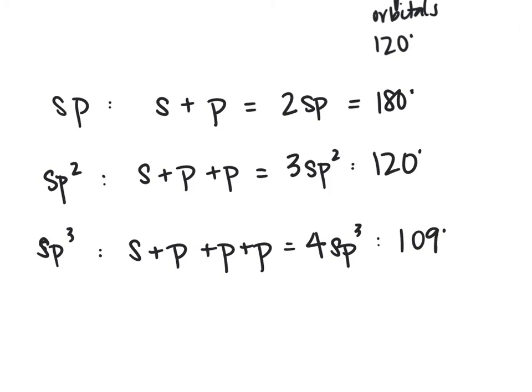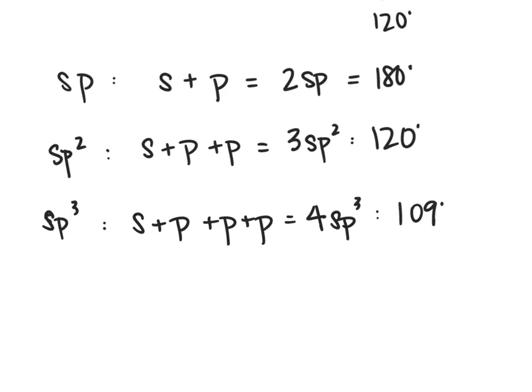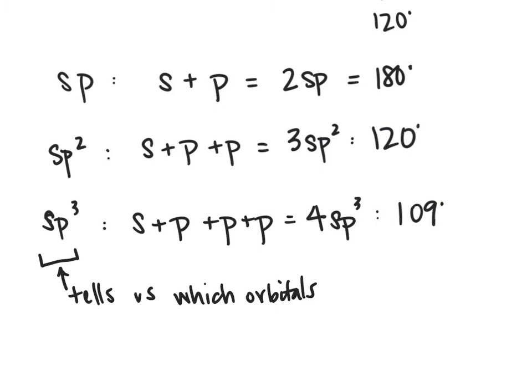So the way that we identify the hybrid orbitals, when we look at the names, this tells us which orbitals are mixed together. So the superscript tells you the number of orbitals that are mixed together in this case.